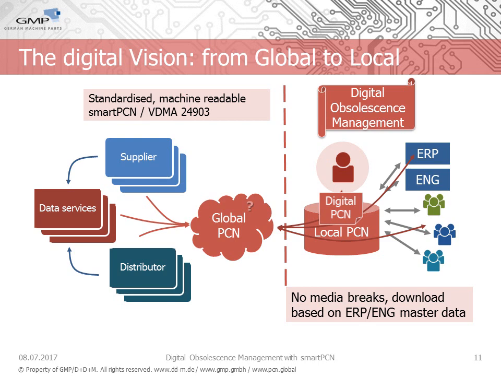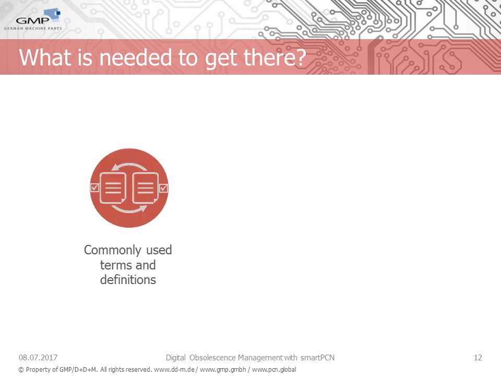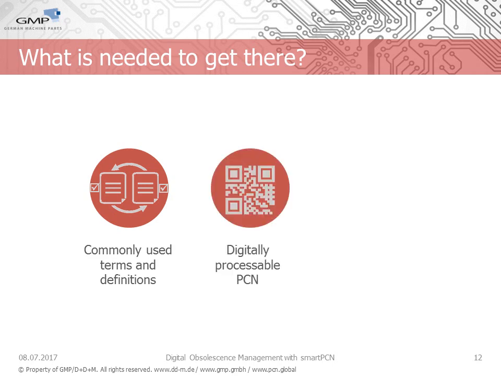How can we make that work? In order to enable a barrier-free flow of digital PCN, we need three things: commonly used terms and definitions, a standard for PCN that are digitally processed, and an ecosystem to create, handle and work with digital PCN.